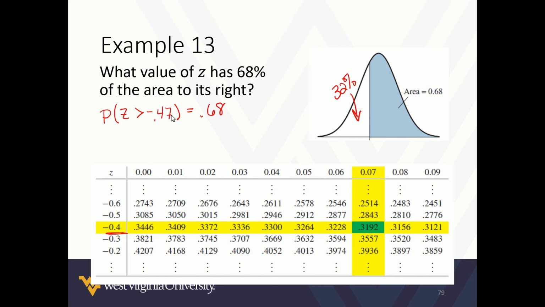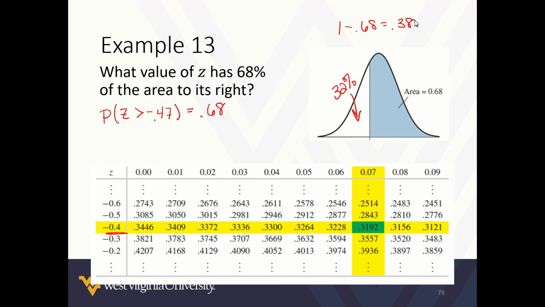And I apologize, I feel like that did not come out as clearly as I would have liked it. So let's try that again. The area to the right of the curve is what we've been asked. We've been asked to find 68% to the right. Our table only gives us information to the left, so we have to use our idea of the complement, 1 minus 0.68, which would give us our 32%.